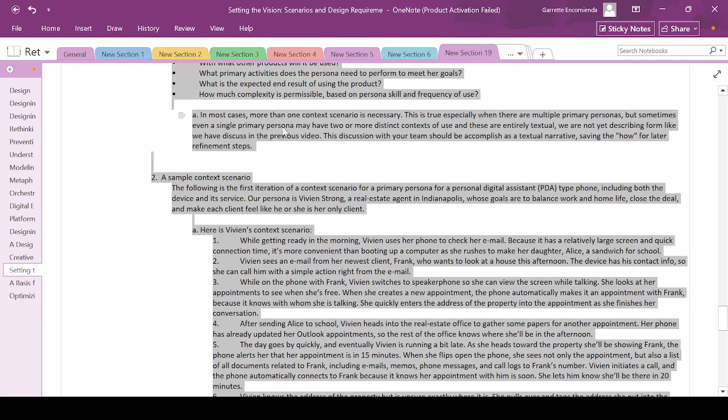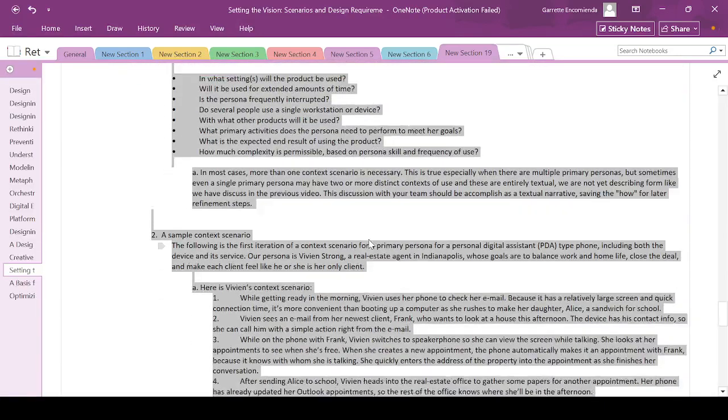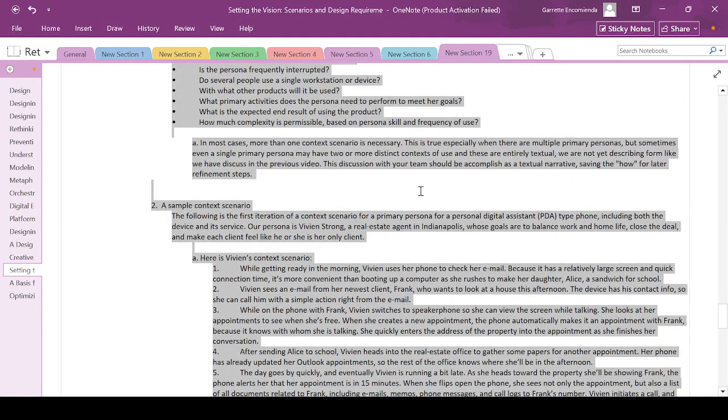In most cases, more than one context scenario is necessary. This is true especially when there are multiple primary personas, but sometimes even a single primary persona may have two or more distinct contexts of use. So in most cases, there is more than one of these for each persona, because again, we're trying to look at the personas from their point of view.